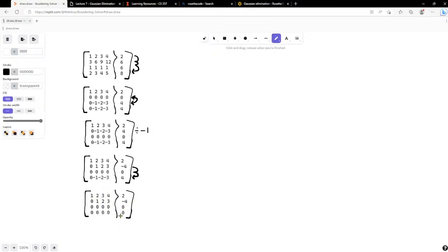Now this is our solution to, if we set, this is just a solution to this matrix. So if I do 2 times 1 minus 4 times, wait a minute.